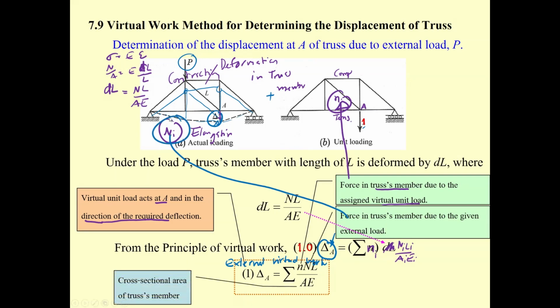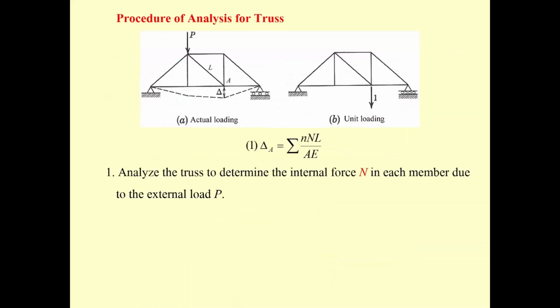Then you just put everything together, and you can determine delta sub A. Now, let me put it in steps. First, you start by considering the truss, and if possible, draft the elastic curve to provide you insight into how the structure is going to deform.